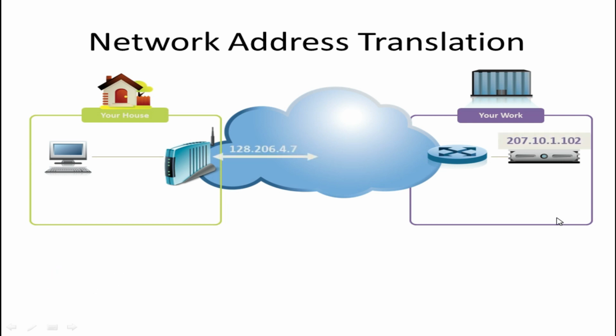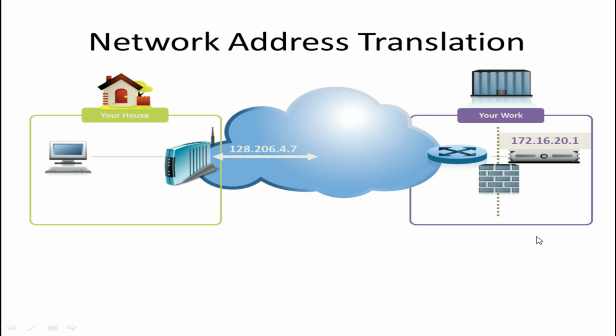First you can see that you have a public IP, 128.206.4.7, from your home, and your work also has a public IP. Somehow it is routable and you are able to log in to your workplace system, and it is all good. Now let us make some change in the scenario.